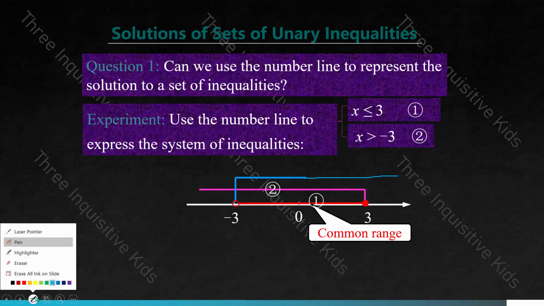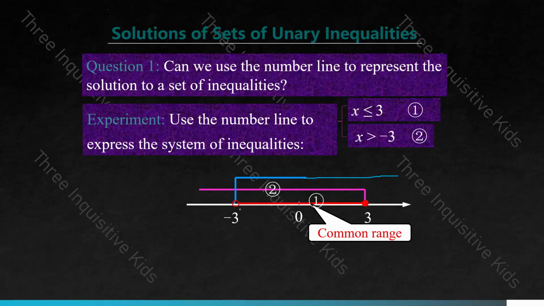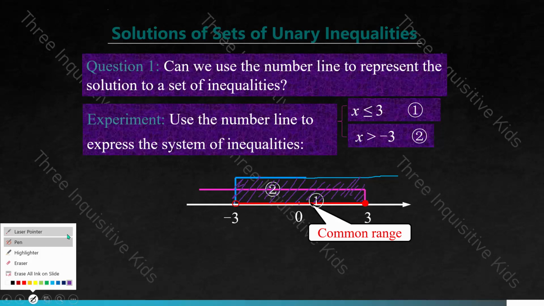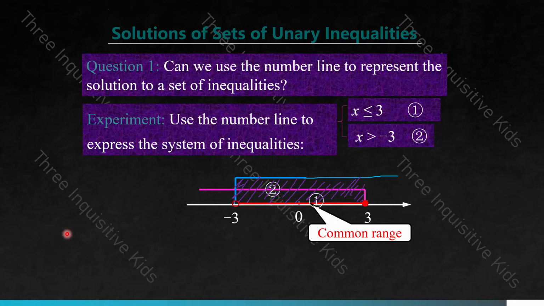As you can see, there is a pink part and there is a blue part. But the middle part where they both overlap, this area right here would be the common part to their solution sets, which means that this would be the solution to this system of unary inequalities. Therefore, the solution to this system of inequalities would be when x is greater than negative 3 and x is less than or equal to positive 3.